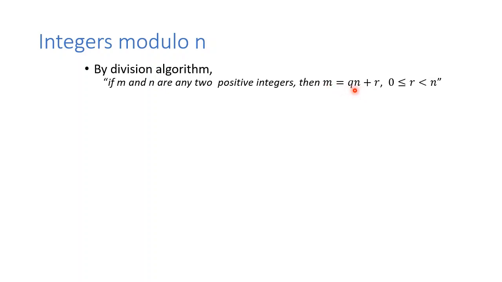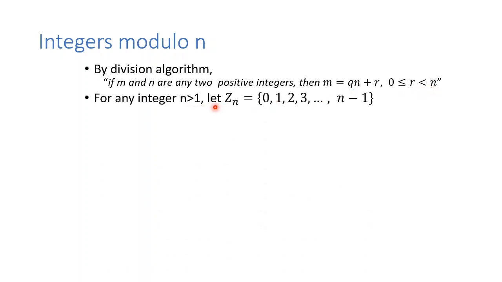The quotient is represented by q and the remainder is represented by r. So the remainder always lies from 0 and will be less than n. So using this, we will define addition modulo n and multiplication modulo n in the set of integers modulo n.